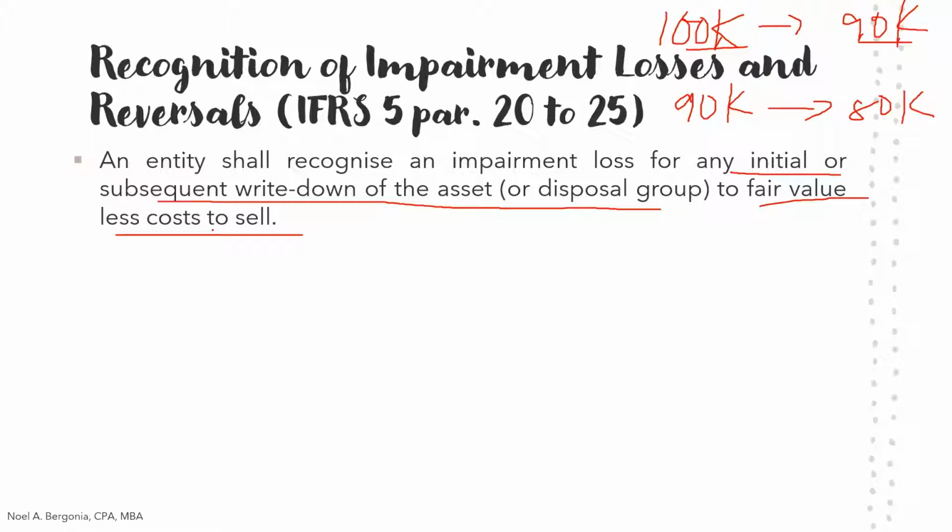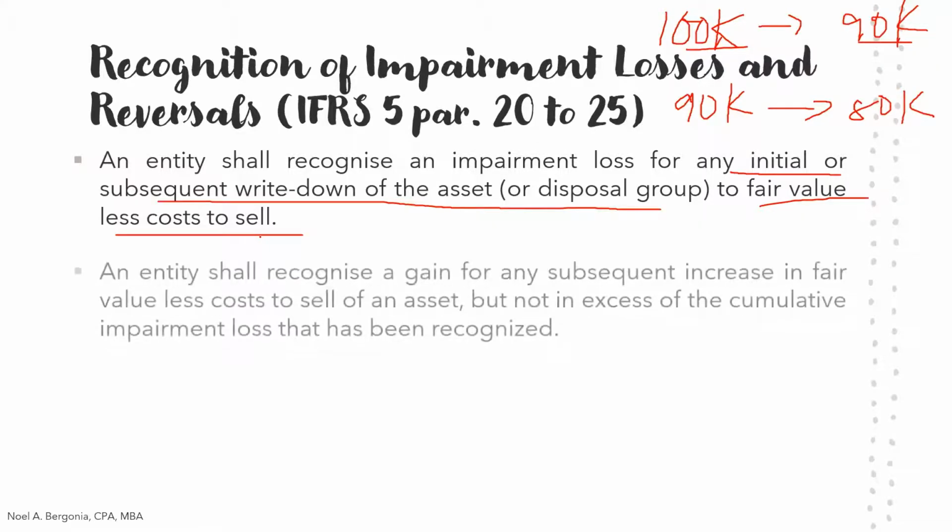Of course, the impairment loss will be recognized in our profit or loss as impairment loss. Then just in case, baka biglang tumaas, bumaba, nagkaroon ng impairment loss, pero biglang tumaas, okay?